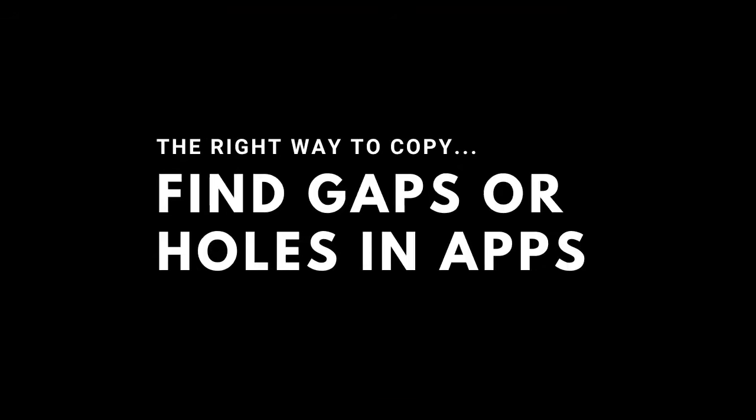There is a right way to copy that validation and there is a wrong way to copy it. Going back to what we very first talked about, we don't just want to copy that solution feature for feature because we're not giving that target market any reason to come to us instead of the already successful app that we're copying. So you want to copy a little bit differently. What you need to do is find gaps or holes in the existing solution or solutions, and you want to create your solution and fill those gaps or holes.